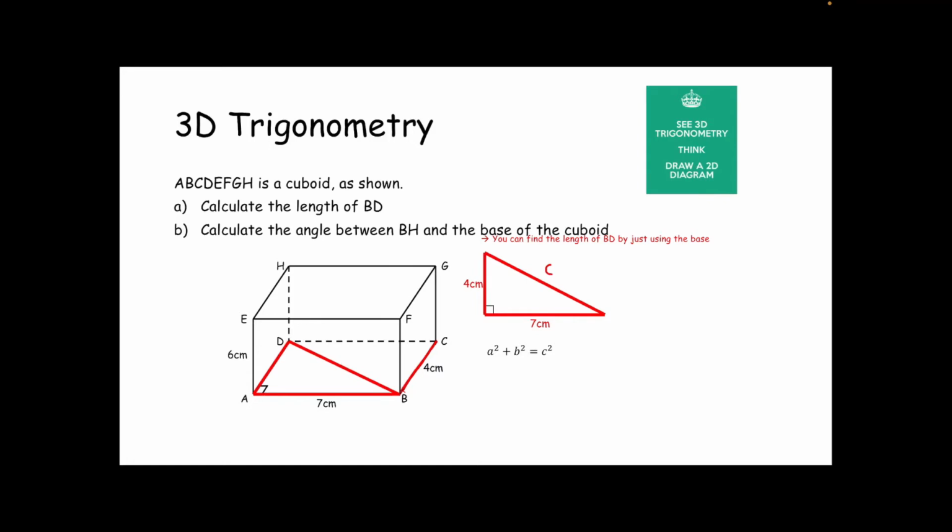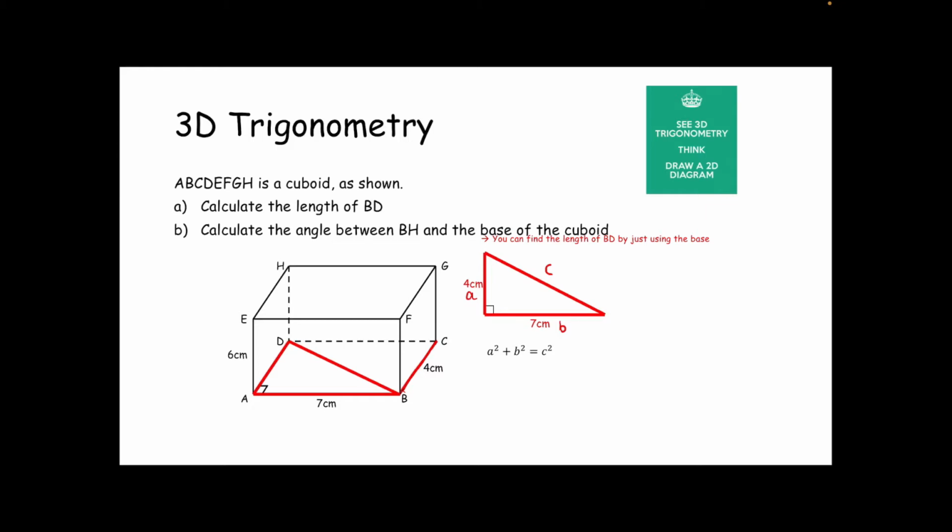Now we simply want to find our unknown. This is a right angle triangle, so we're going to use Pythagoras' theorem. Let's write down Pythagoras' theorem and label our sides. Our hypotenuse is always C. Label A and B as the other two sides.